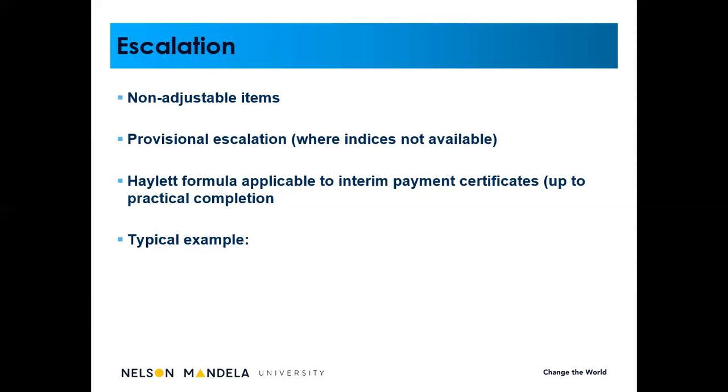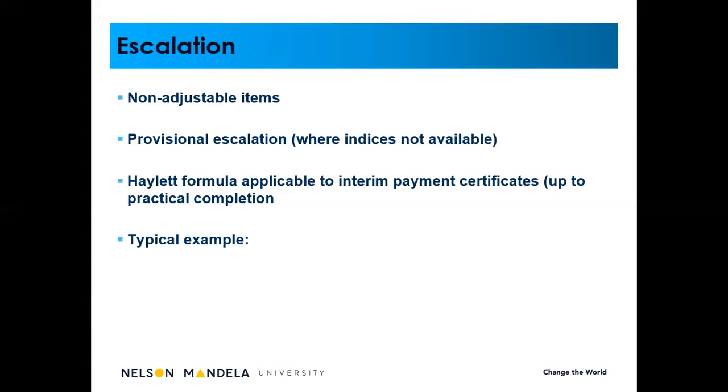That could be a nightmare, because once you've received the revised indices for that specific month, you need to go back, and sometimes you need to go back 2-3 months down the line and adjust the escalation, because you've received the actual indice for that month. The highlight formula is also applicable only to interim payment certificates.